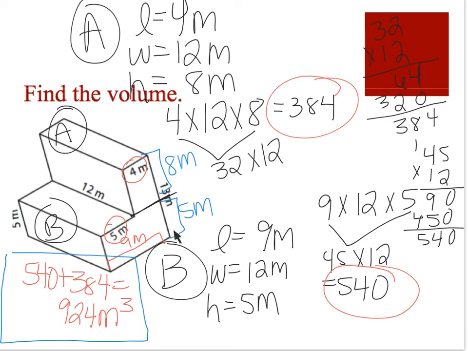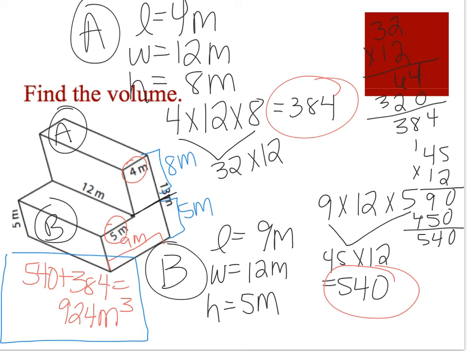It told me that my total height here was 13 meters, and I know that this height right here also matches this height right here. So I know that this one was 5 meters. So I had to say to myself, okay, 13 minus 5 will give me how much this one is. So 13 minus 5 is 8. So I knew that the height of A, figure A, was 8 meters.